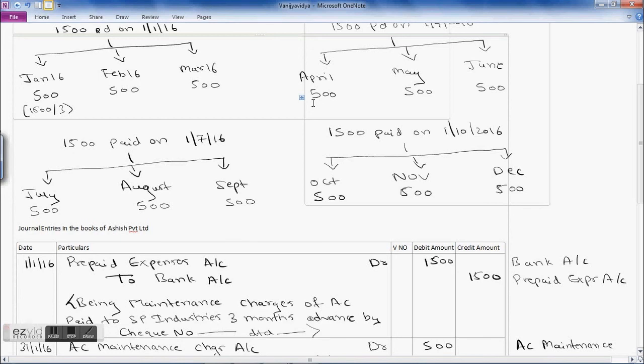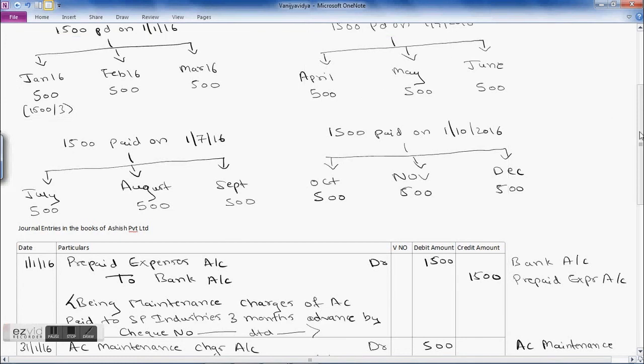See, it's for 4 months, right? So expense account balance should be how much? 500 each month. So 500 for Jan, Feb, March and April. So 500 into 4. So expense account balance as on 30th April 2016, or balance brought forward as on 1st May 2016, should be 2000.